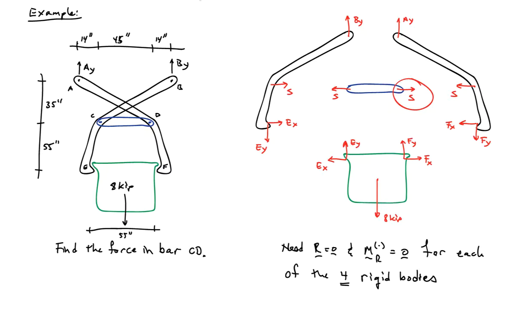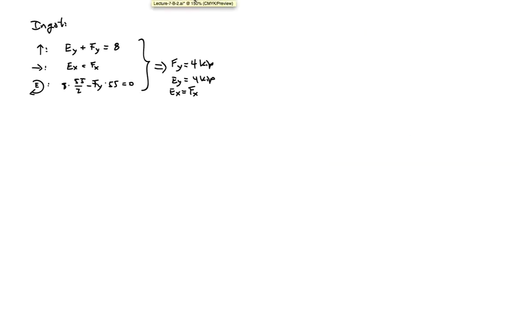Okay, so we can start with the ingot, and if I sum the forces on the ingot in the vertical direction, I have Fy plus Ey equals 8 kips. In the horizontal direction, I find that Ex has to equal Fx. And I can sum the moments about any convenient point, so I pick the point E, which gives me 8 times 55 over 2, so that's the lever arm from the center, minus Fy times 55, so that's the lever arm from F to E, equals 0.